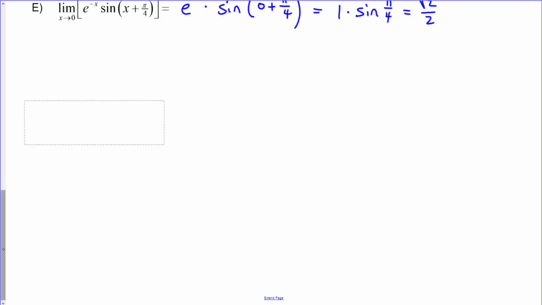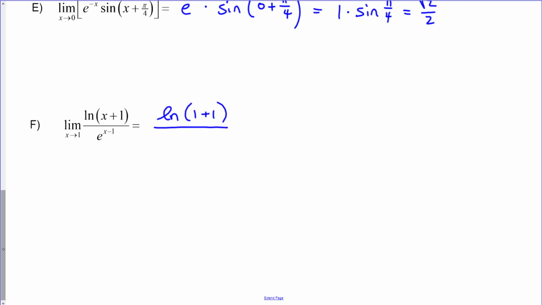Lastly, the limit as x approaches 1 of the natural log of x plus 1 divided by e to the x minus 1. Let's just plug in 1 and see what happens. So it would be the natural log of 1 plus 1 divided by e to the 1 minus 1.